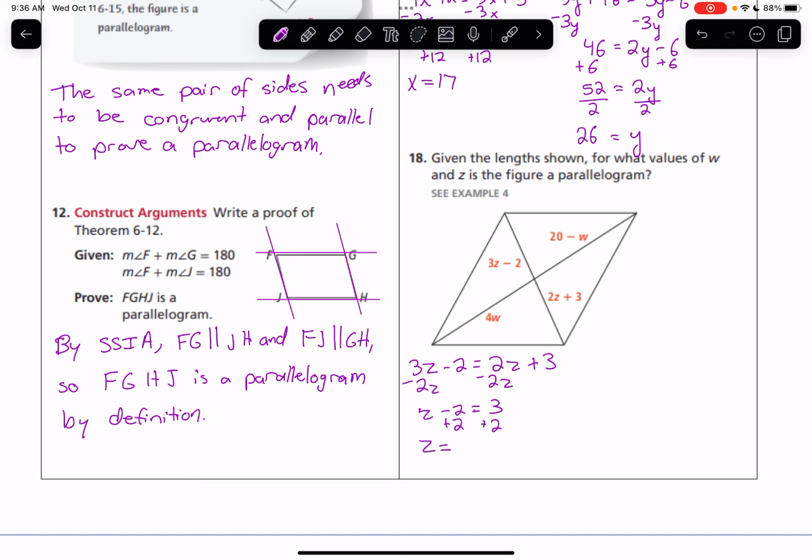Z equals 5. And then 4w equals 20 minus w. So we'll add w to both sides. And w equals 4.